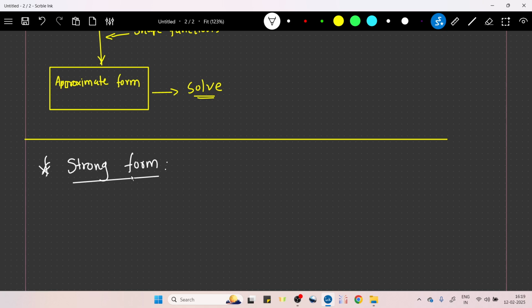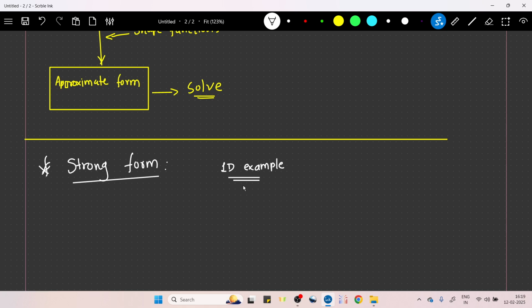Before this I just want to say it is very important that we do not ignore conceptual understanding using a 1D example, because with a 1D example we can understand the concepts very easily. If you directly try to understand with 2D or 3D, it will be very difficult.